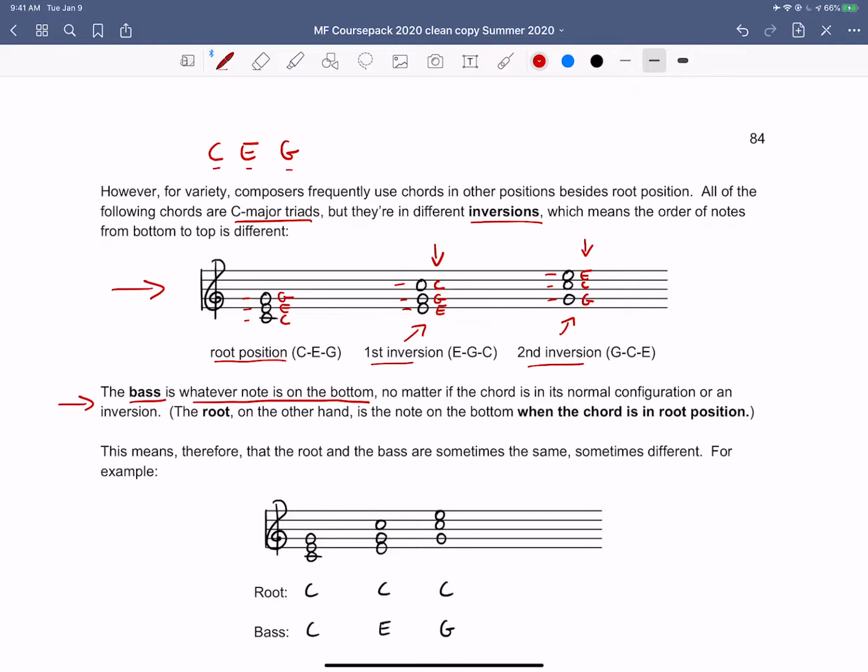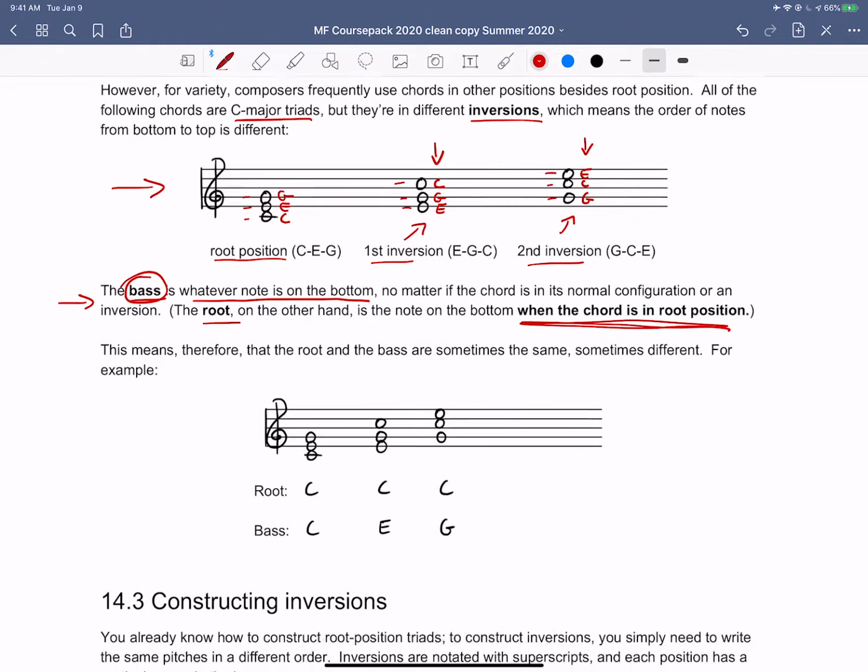So whatever you see to be the bottom note is the base. Now, the root, as you recall, is whatever note is on the bottom when you're in root position only. Otherwise, as I said, all bets are off. So that means the root and the base are going to be sometimes the same and sometimes different. So let's evaluate these chords here together.